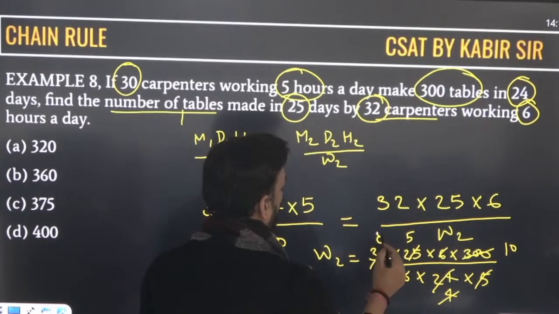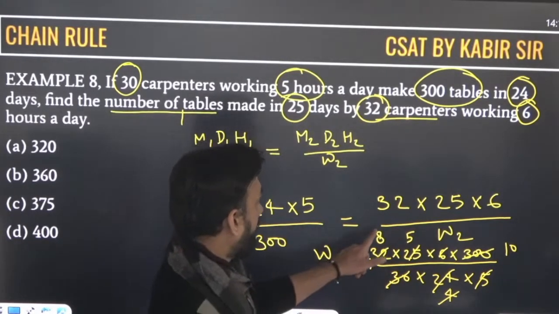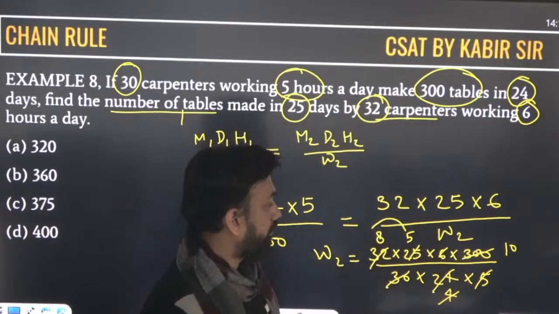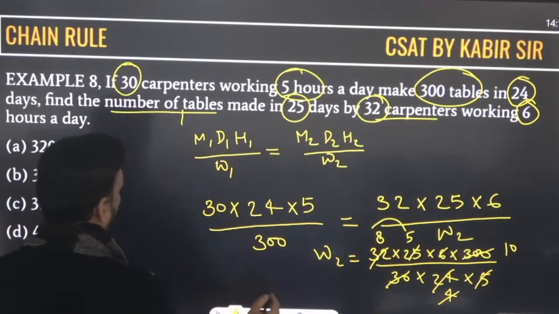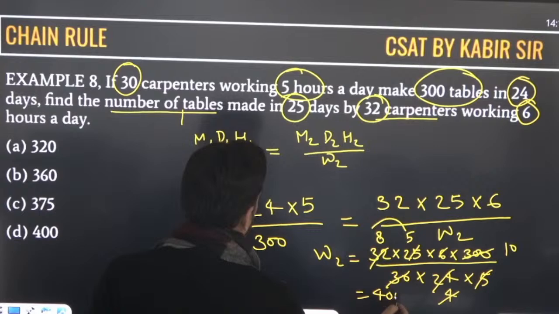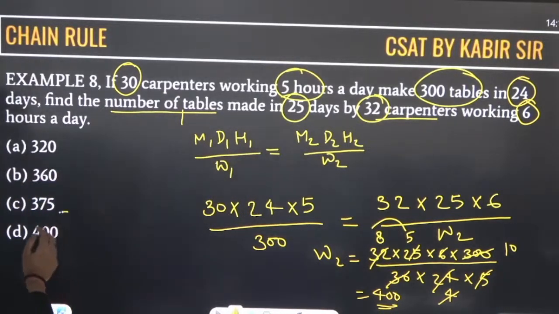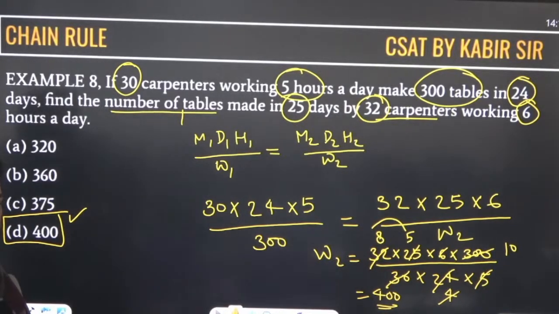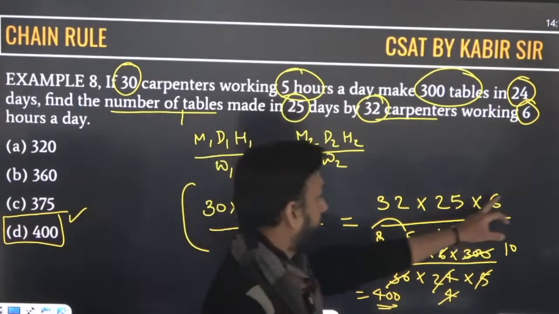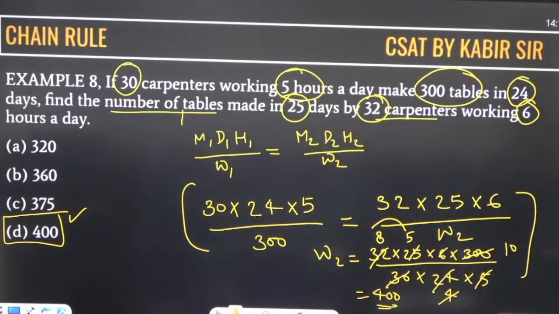This 8 into 5 is 40. 40 into 10 is 400. So how many tables can they make? 400 tables. The answer will be option. This is just a normal calculation you have to do. So once you are able to identify that question, then you can solve it very easily.